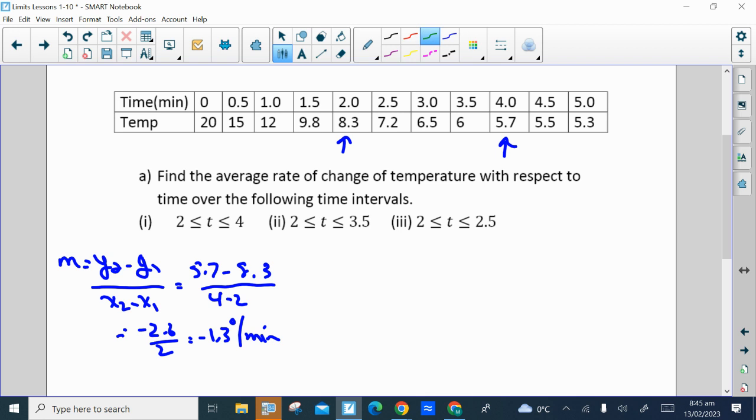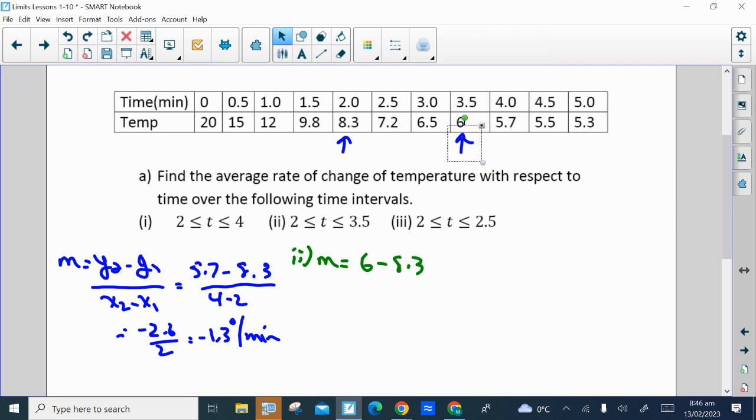Now, that was part 1. Part 2, between 2 and 3.5. So again, m, the slope, will be y2 minus y1. y2 will be the temperature at 3.5, which is 6, minus the temperature at 2, which is 8.3. So essentially, we're just sliding the second endpoint over to 3.5 minutes.